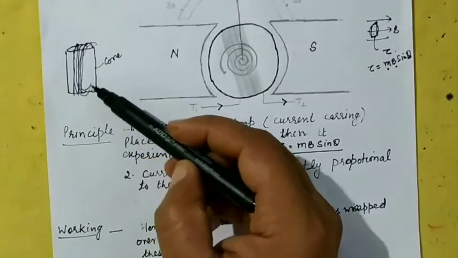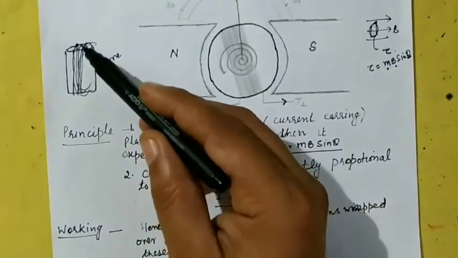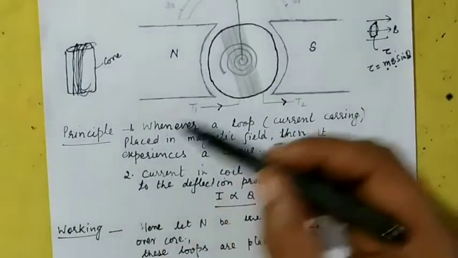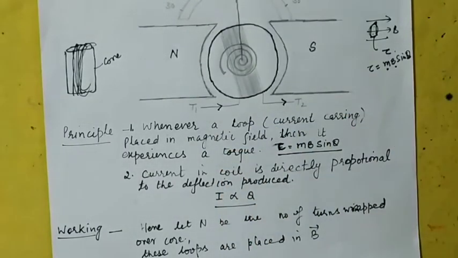So this forms a loop. If current is passed through this, it becomes a current carrying loop. When a current carrying loop is placed between the poles, it experiences a force.